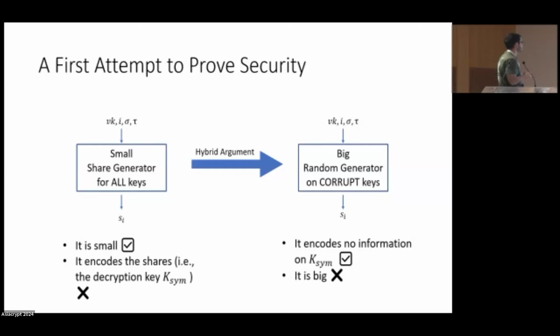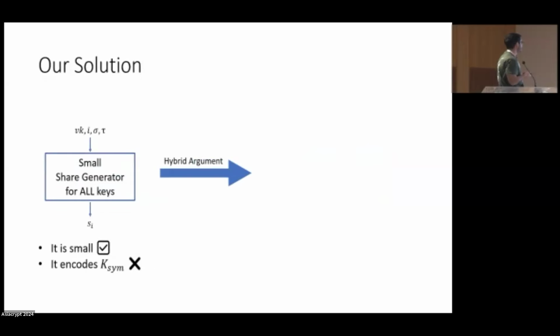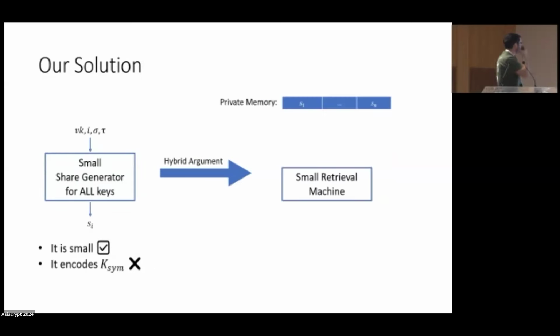So we want to arrive in a different situation where we use a different abstraction. At the end of our security proof, we will have a machine that does not compute shares, but is like a retrieval machine. In our model, there exists some private memory somewhere that has the shares, and it's not accessible by the adversary.